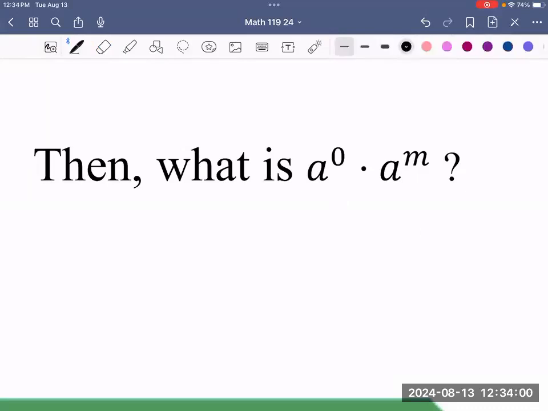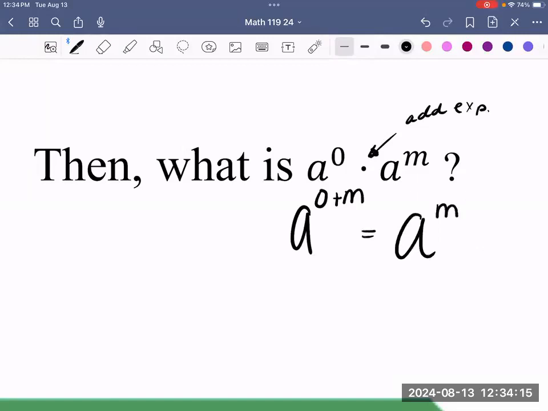Instead, if they're being multiplied, we're really going to add the exponents. So we're going to add 0 plus m. What is 0 plus m? It's really just a to the m. So what about a to the 0?